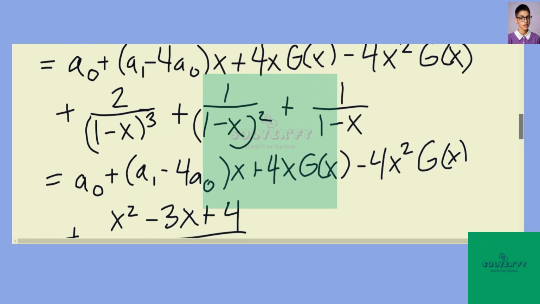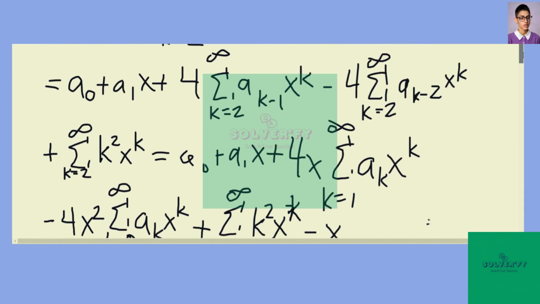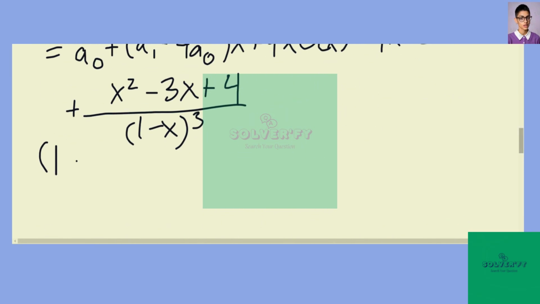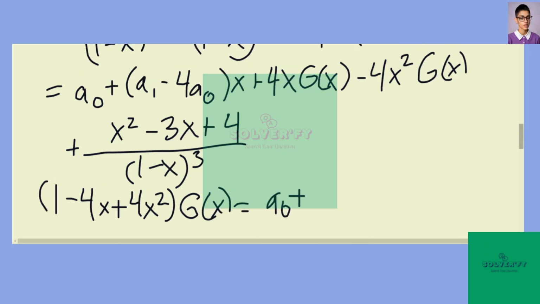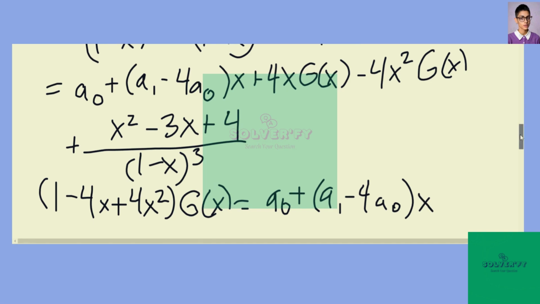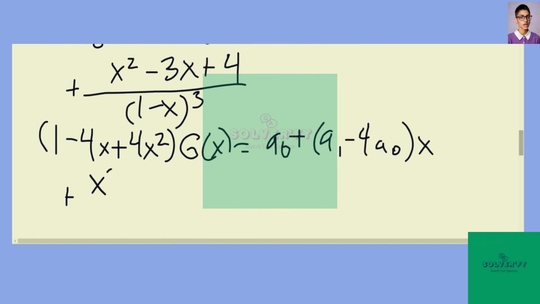So subtracting 4x g of x and adding 4x squared g of x to both sides, we get 1 minus 4x plus 4x squared times g of x is equal to a0 plus a1 minus 4a0 x plus x squared minus 3x plus 4 over 1 minus x cubed.